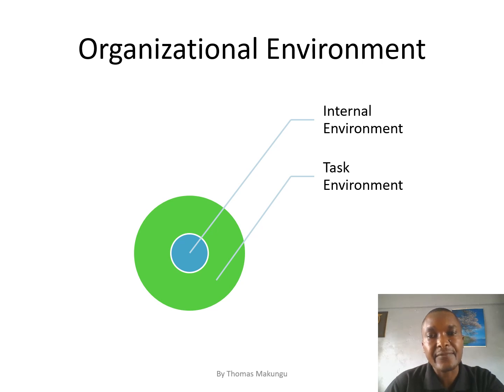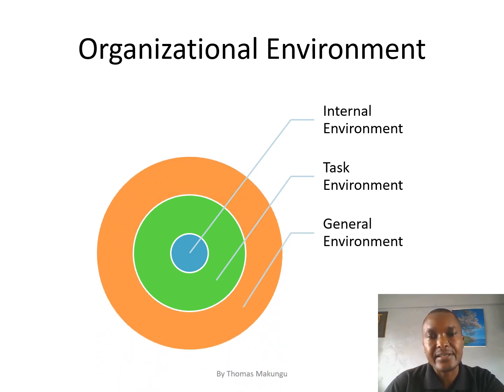For example, it can affect the hotel sector or the tourism sector. It can affect the food industry, the manufacturing industry, or the education industry. So that's the task environment, which affects related industries or related organizations.